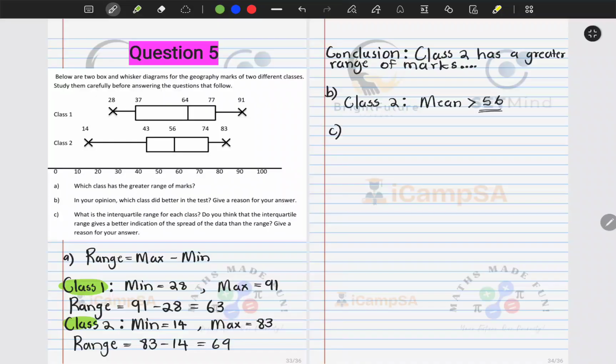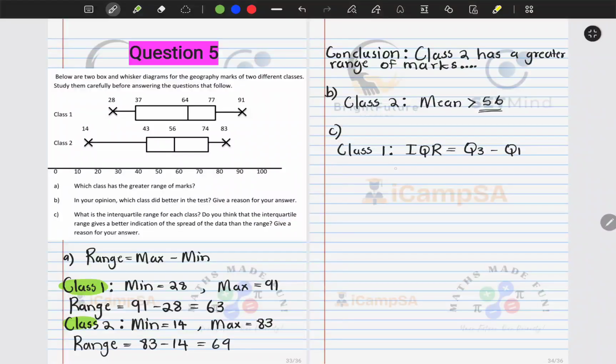I'm really interested. So now we are asked, what is the interquartile range for each of the classes? Okay. So let's have a look at class A, class 1. Remember, your interquartile range is simply your Q3 minus your Q1.